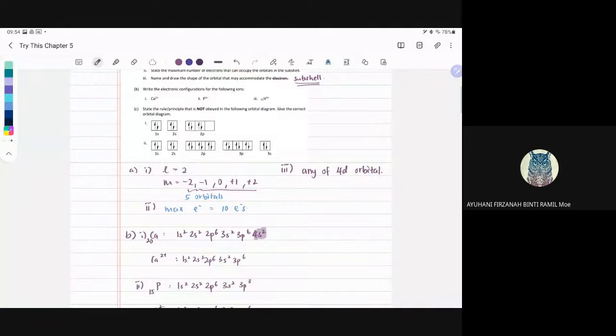So which rule is violated? If this one is violated, okay, Hund's rule is violated. So the correct one is 1s, 2s, 2p, it should be like this: 1, 2, 3, 4. That would be the arrangement. And then for this one, 3p and 3s are violated. The filling order is violated, the Aufbau principle. It should be 4 only. So this goes here, this goes there.